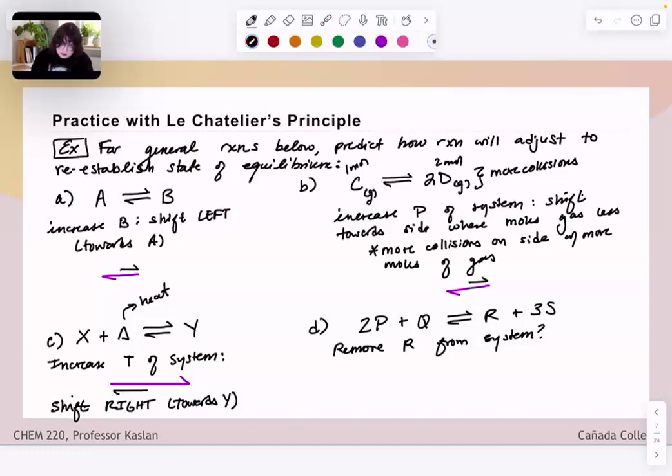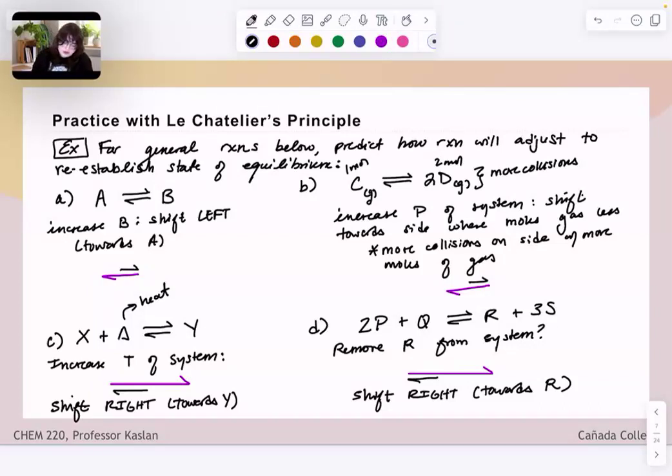And the only way we can do that is by momentarily favoring the production of R. So the rate of the aspect of the reaction that forms R would increase. And this would be another rightward shift. Or shift toward product. Here, shift toward R.